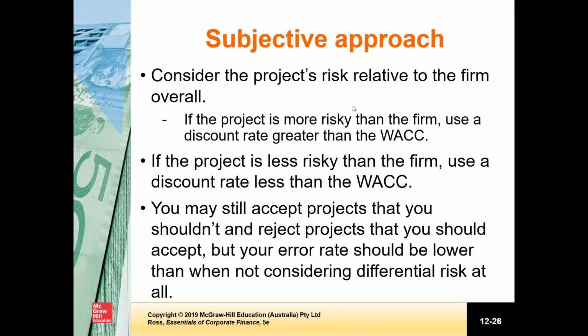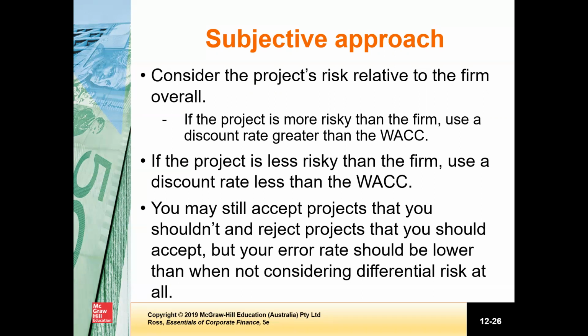Once the projects are classified as high, moderate, or low risk, the discount rate for each project is adjusted. So for example, let's say that the weighted average cost of capital of the firm is 14%, but for new product development, since it's high risk, it is increased by 6%, so the discount rate will be 20%.